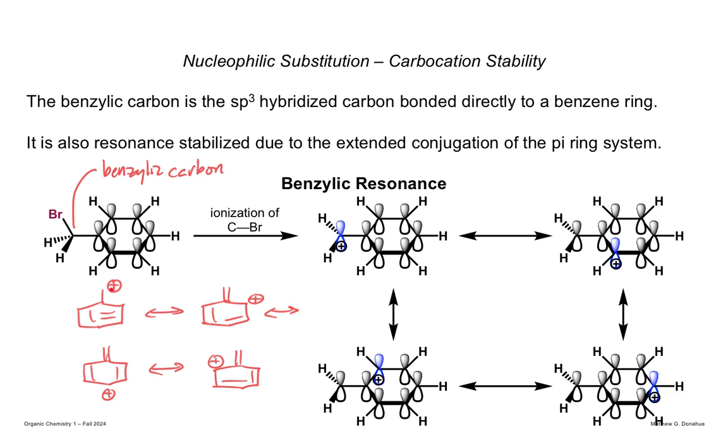The more opportunity you get to move that plus charge around, it stabilizes it. And again, that makes it easier to form because it's more stable.